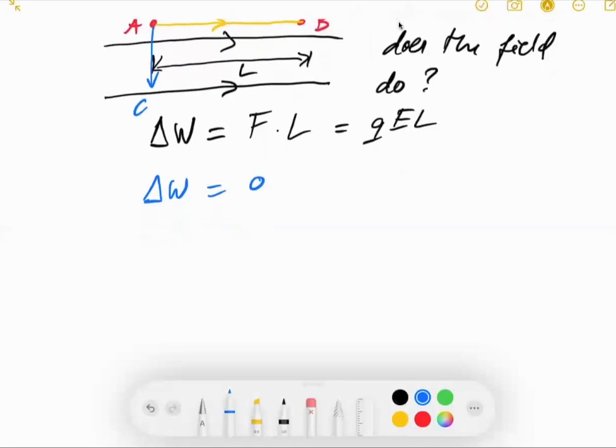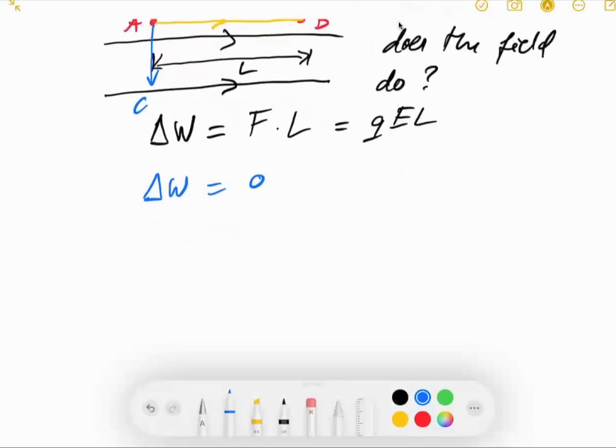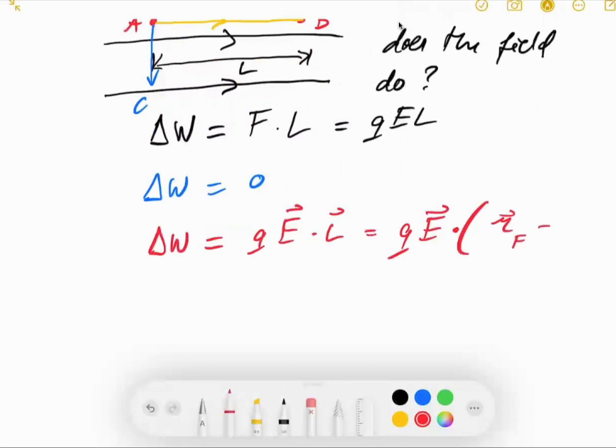So in general, our work is just some Q times E times the path. And of course, the path is going to be the difference in position. So this is final minus initial.